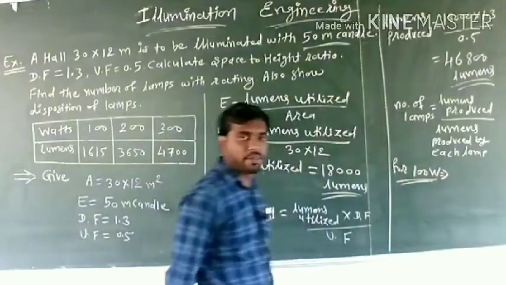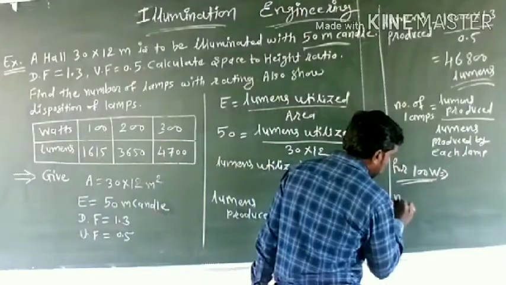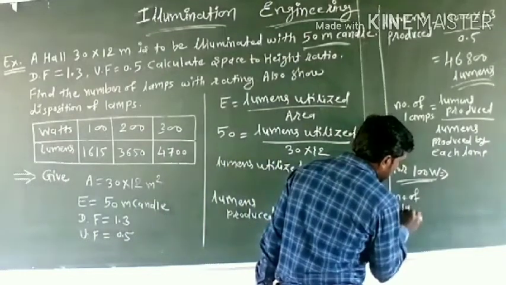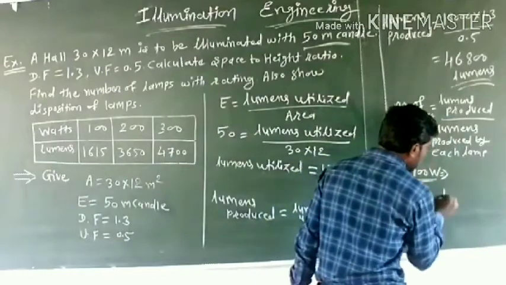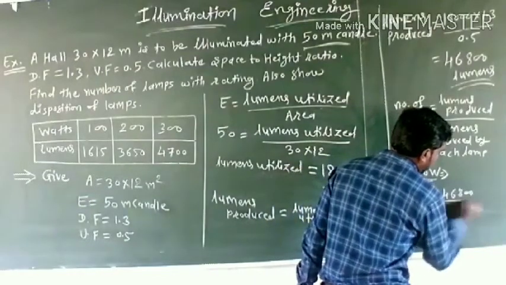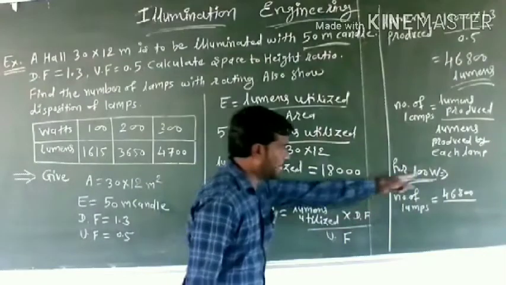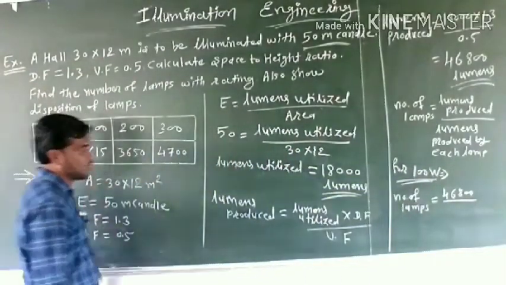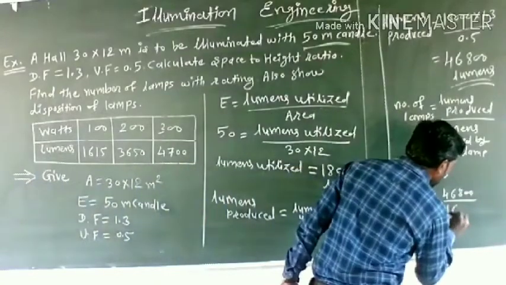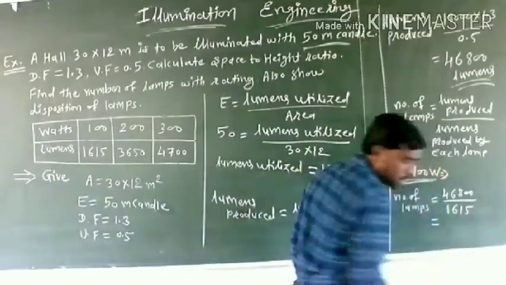Number of lamps is equal to total lumen produced 46,800 divided by, for 100 watt lamp, lumens are 1615.